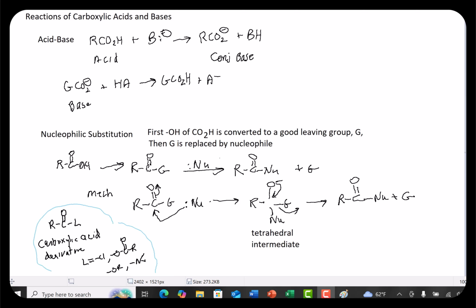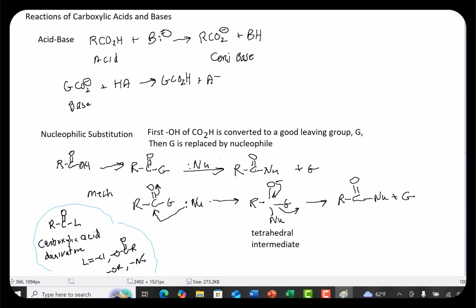I did pause the video and I wrote in a general formula for a carboxylic acid derivative. The symbol L here represents a leaving group in this nucleophilic substitution. It's a heteroatom group, including chlorine, a carboxylate, an ethoxy group, or a nitrogen of an amide.